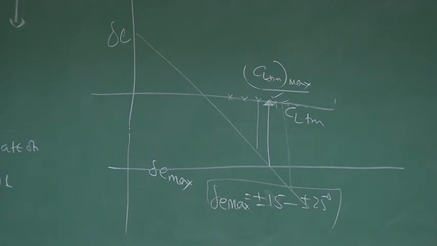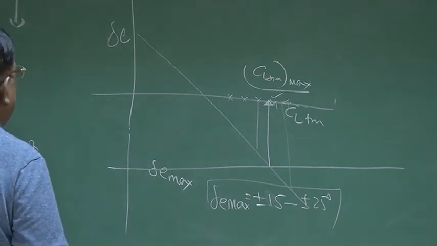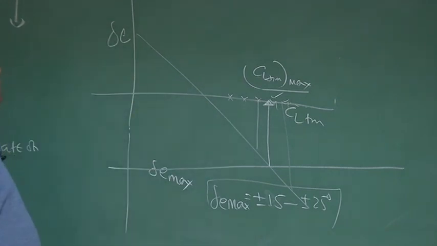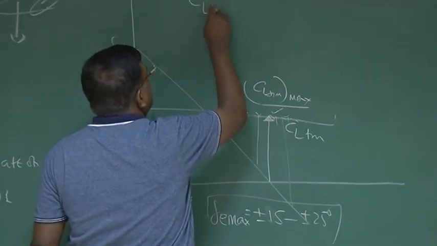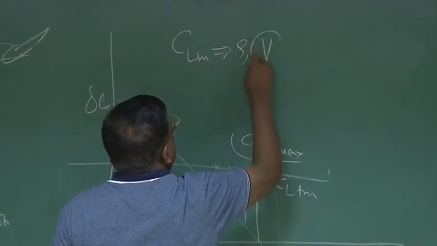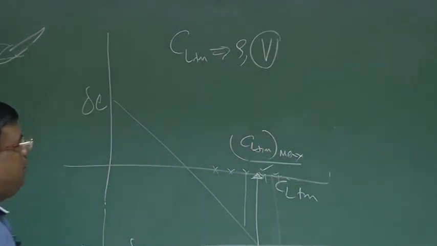Okay. So I hope now the pilot is seeing this graph of delta E versus CL trim, and the pilot knows I have to fly at this speed. Suppose CL trim is given to him, he knows correspondingly for that altitude what speed he has to fly for maintaining lift equal to weight.